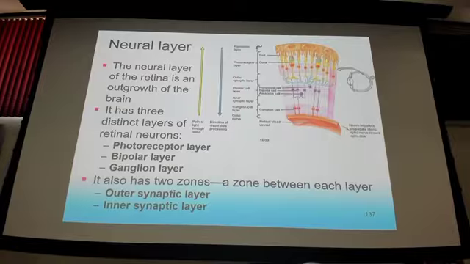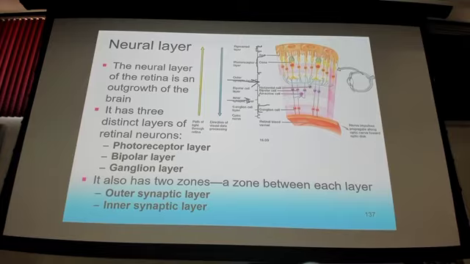and then we have a photoreceptor layer, which is our rods and cones. That's going to synapse with a bipolar layer of neurons. They're going to synapse with ganglion cells, which are neurons. So you have this outer synaptic layer and an inner synaptic layer.